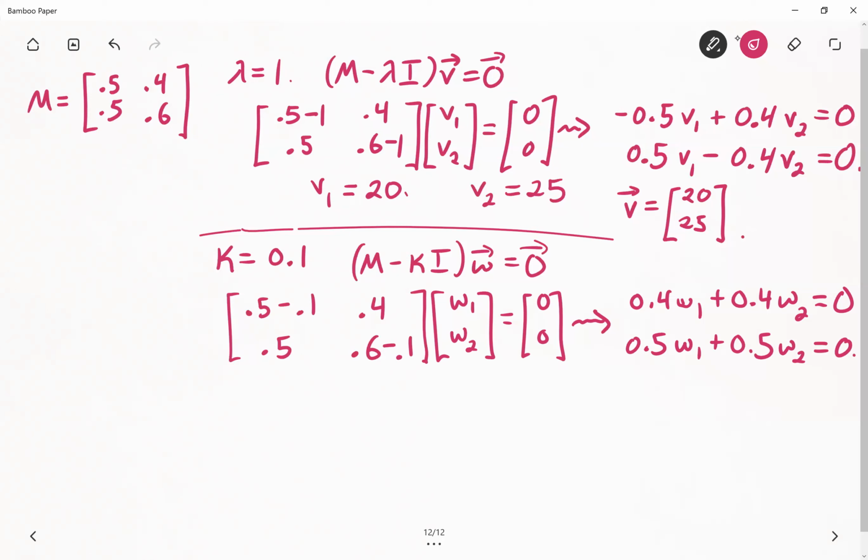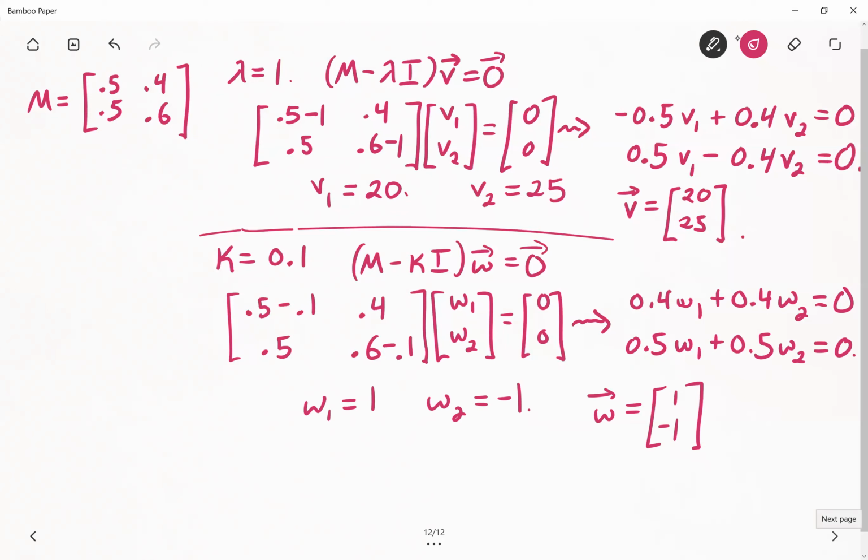So once again, these are nice redundant equations. Let's pick for w1, perhaps 1. And then for w2, let's pick -1. We have to pick -1 so that these equations work out. So our next eigenvector is (1, -1). Right, so we've got our two eigenvectors corresponding to our two eigenvalues.